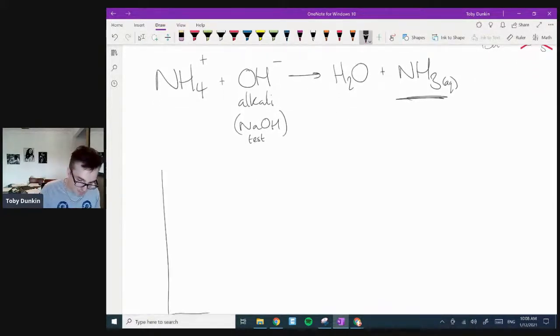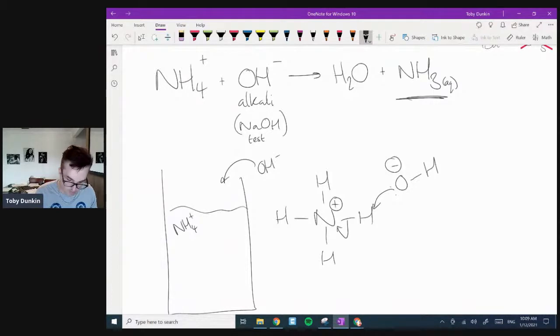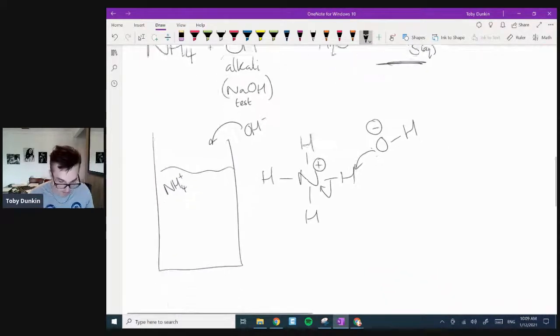So I can draw this out for you. If we've got ammonium ions here, when you add the sodium hydroxide, it rips off a H. I can even draw it out with sticks. Here's what the ammonium ion looks like. The nitrogen's fully positive. And the OH minus ion now rips off a H. It just rips it off to become water.